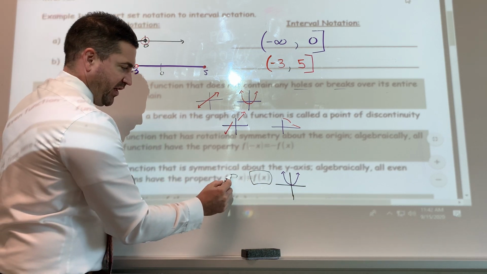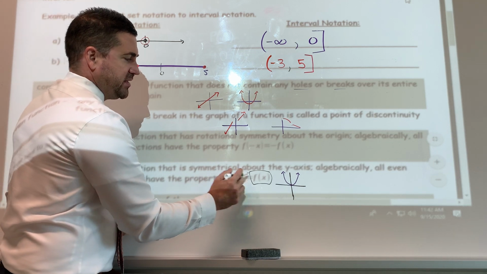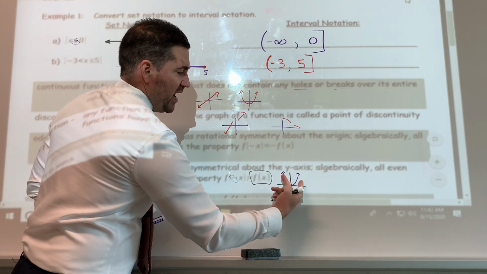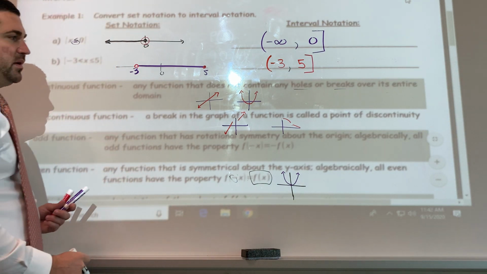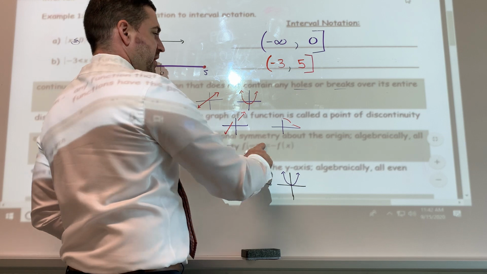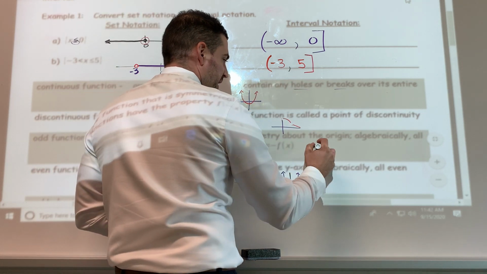So this is the reflection over the y-axis. If it creates the same graph when you flip it over the y-axis, then it is an even function. Okay? This one here, odd, is when the reflection over the y is equal to the reflection over the x.